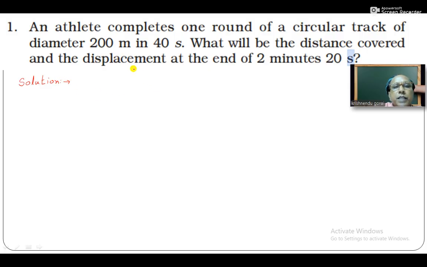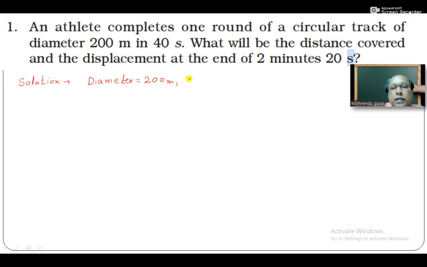Here you see the diameter is given, the diameter is equal to 200 meter. Therefore, we can find the radius.